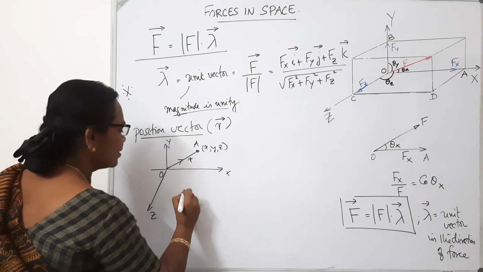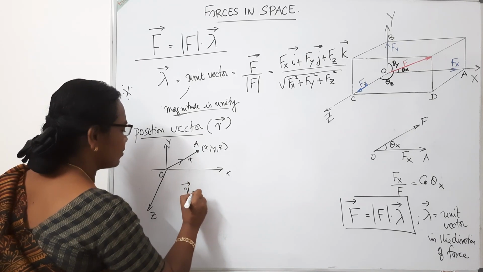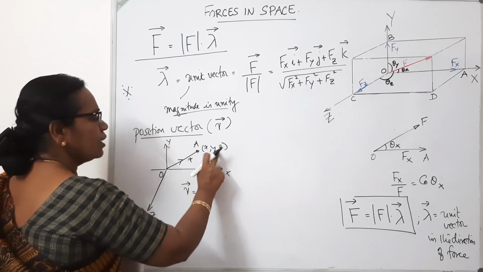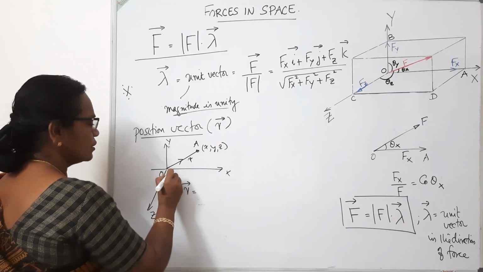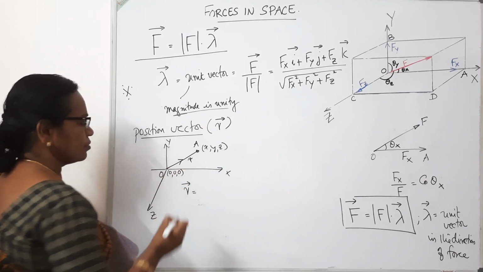Now R is given by x, y, z, and the coordinates of the origin are 0, 0, 0.